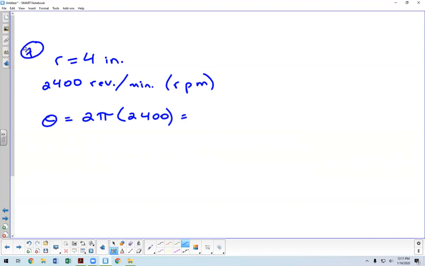Yeah, there you go. So 4,800 pi, and of course this is in terms of radians per minute. Alrighty, so angular speed, what will that calculation come out to be? So 4 times 4,800... No, that's the linear speed.